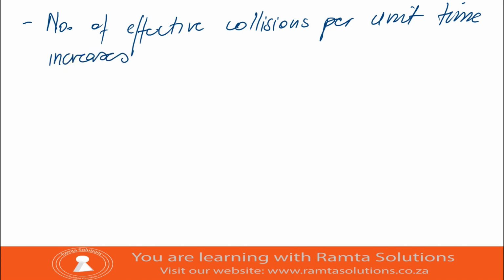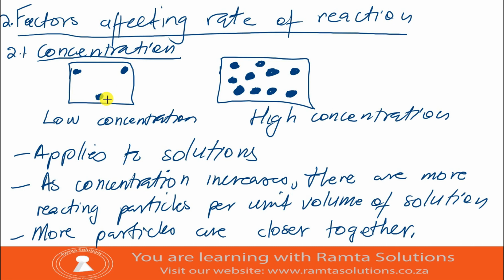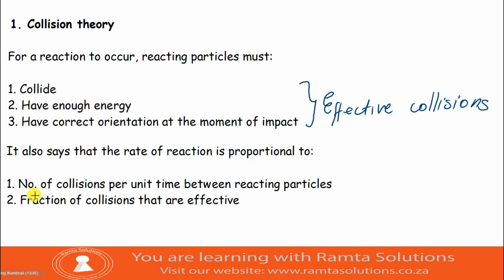All right, let's go back. So when we look at them here, the collisions that are happening here are fewer as compared to the collisions that are happening here, because here you have more particles, and now more particles are closer together, right? So remember the conditions. Rate of reaction increases when the number of collisions increases, when the fraction of collisions that are effective increases.